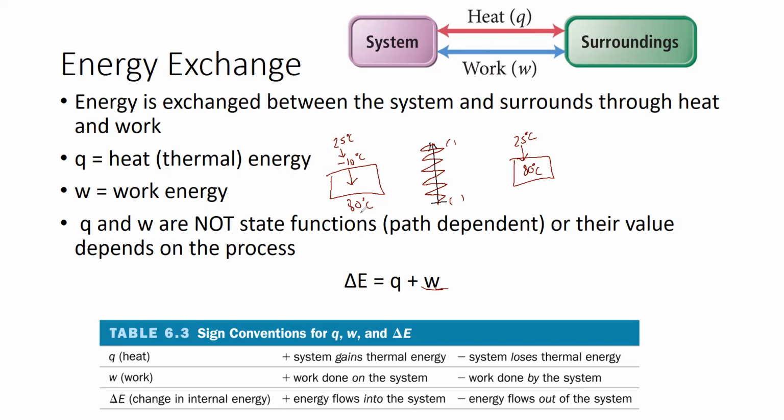The path for heat is just all the temperatures in between that I touch. So path 1 was a much greater heat change than path 2, even though the initial and ending points were the same. So that would be an example of path dependence for heat.